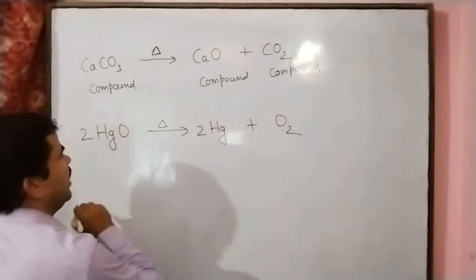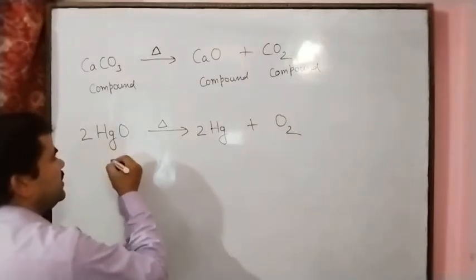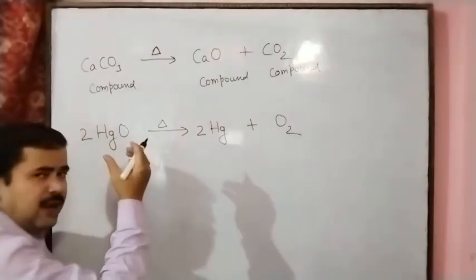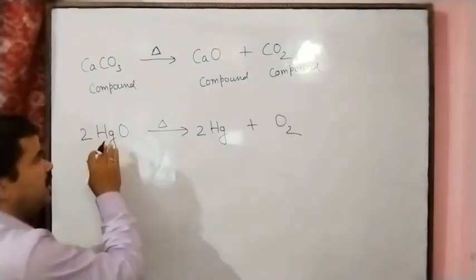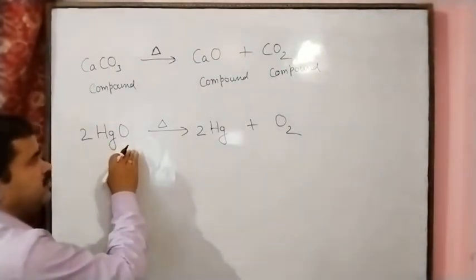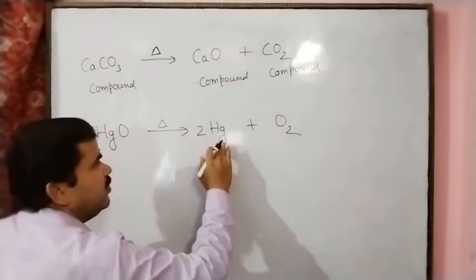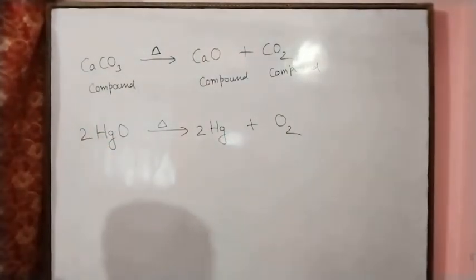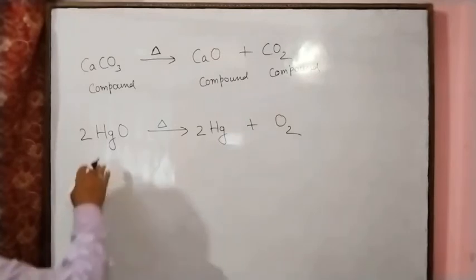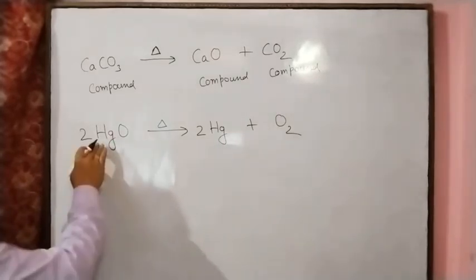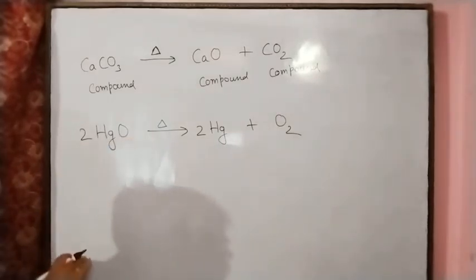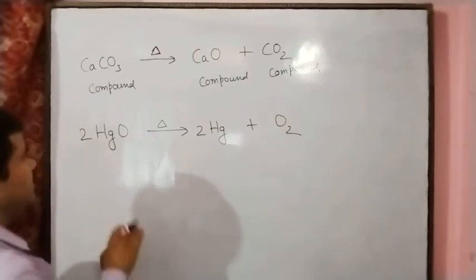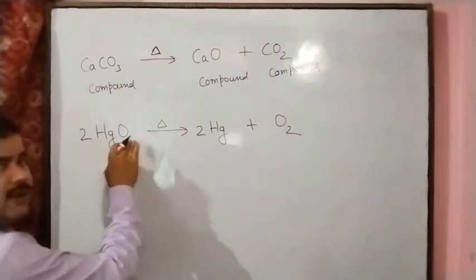Due to the absorption of heat energy, the mercury second oxide decomposes into mercury and oxygen. This is an example of a thermal decomposition reaction.